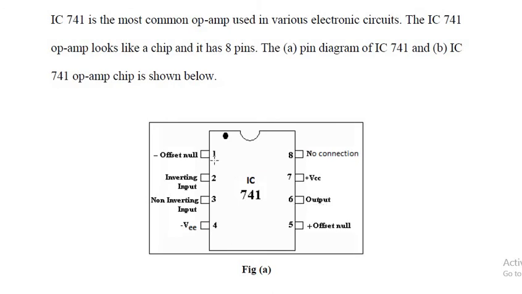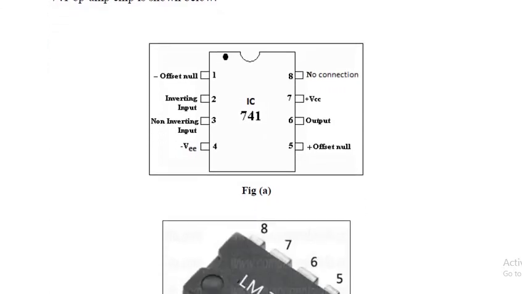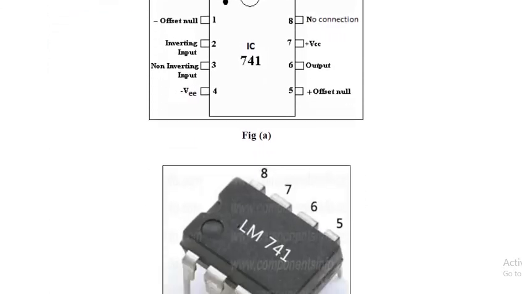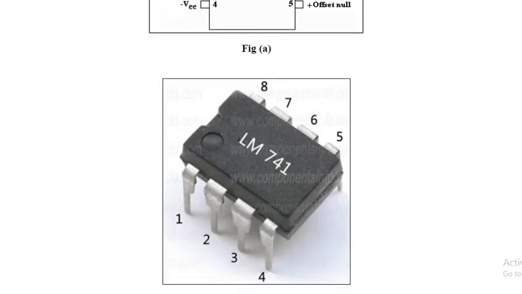Usually pin number 1, pin number 8 and pin number 5, we won't use these 3 pins for practical purposes. So this is the pin diagram of IC741, which is the practical op-amp, and this is how the IC741 chip looks.